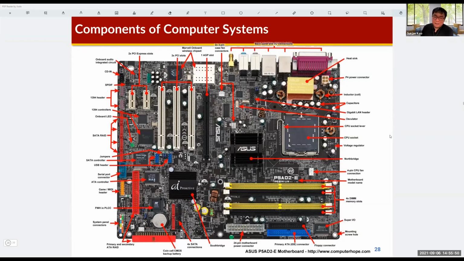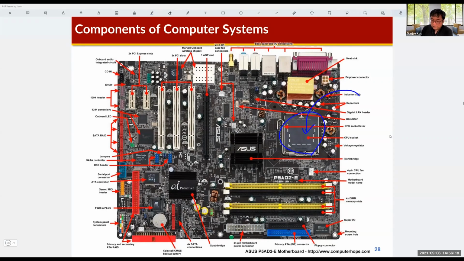Okay. So actually many components are connected via the mainboard. Sometimes it's called the motherboard, or it is also called the mainboard. So this is the CPU socket. So CPUs can be attached to this socket.